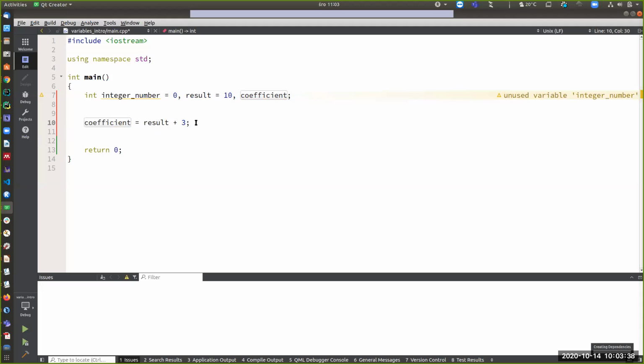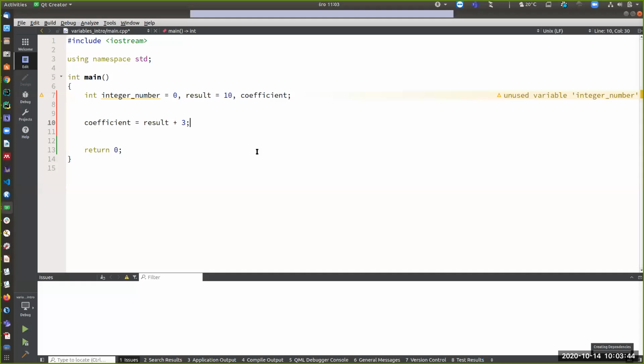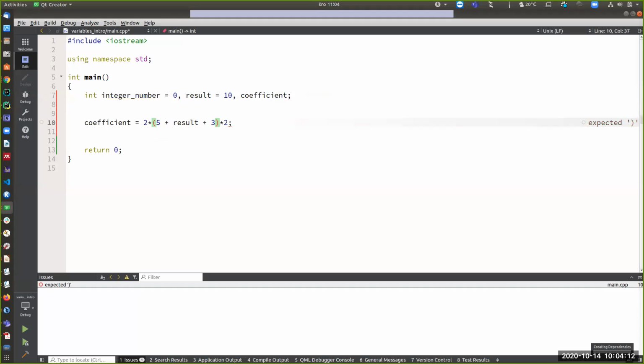What else? Okay, in arithmetic operations, we can combine any number of operations in one expression, and of course we can use parentheses to set the order of the operations.